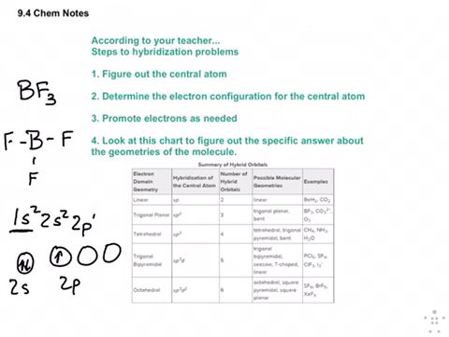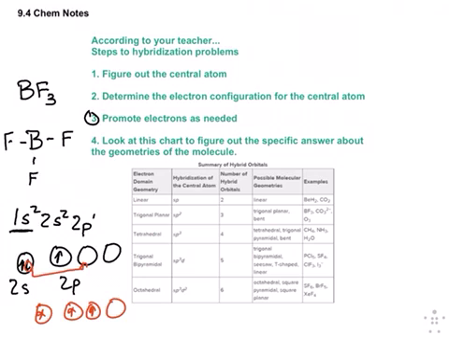Do we have enough orbitals available? Nope. If you don't have enough orbitals available, you have to promote an electron. So we'll take one of these and move it into here. Then we have our s and our 3 p's, and there's 1, 2, 3 electrons. Does that make sense?